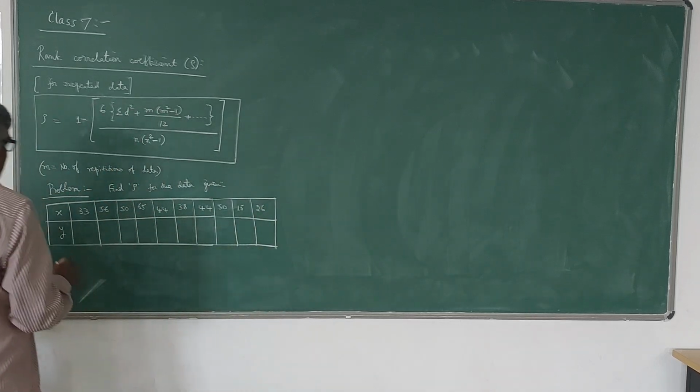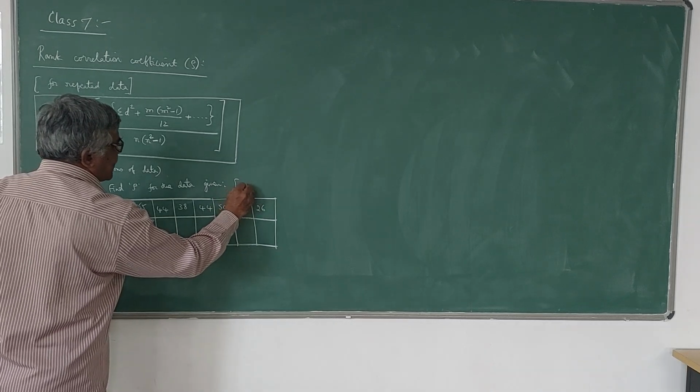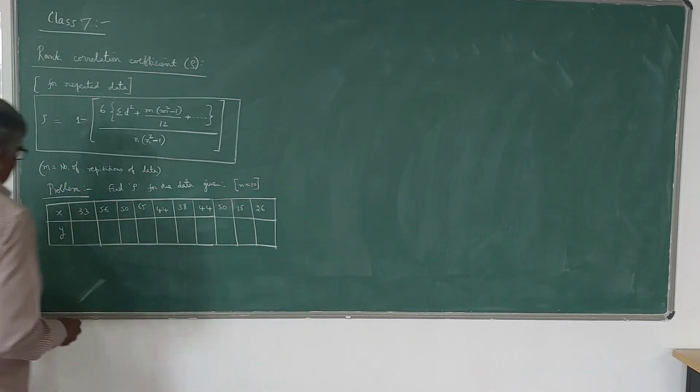These are the x values, corresponding to observations 1, 2, 3, 4, 5, 6, 7, 8, 9, 10. So the number of observations is 10.